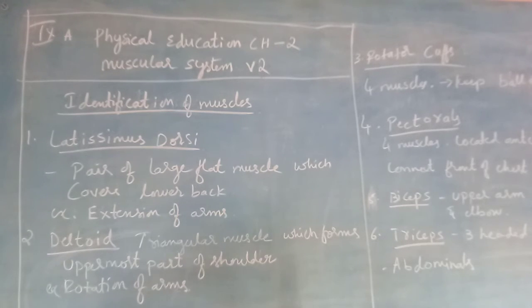Vice versa. So the first pair is the latissimus dorsi, a pair of large flat muscles which covers the lower back, from the lower spinal cord till the neck. When you extend your arm, it is going to contract.